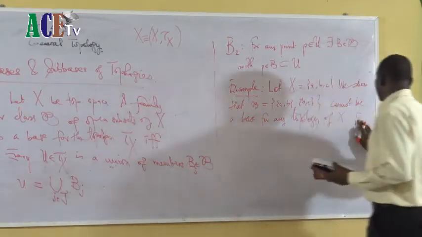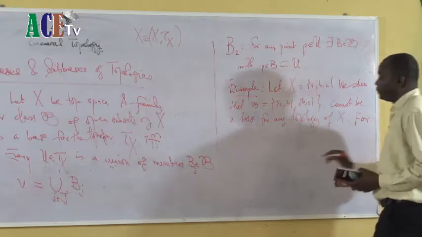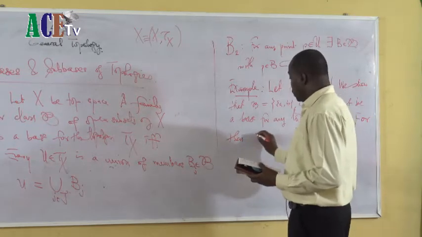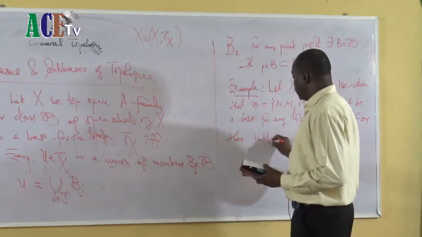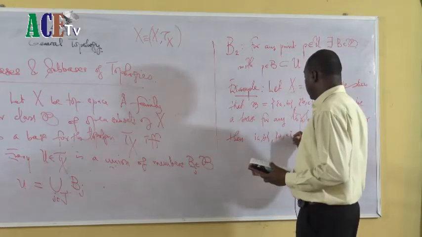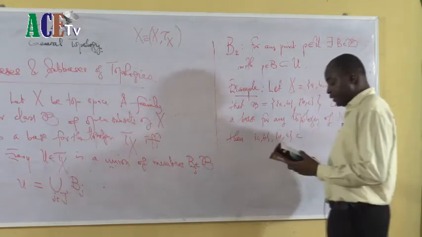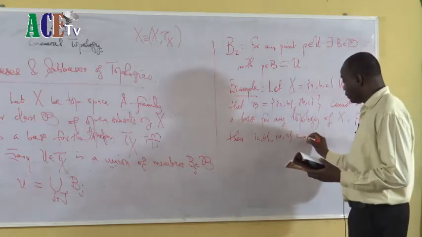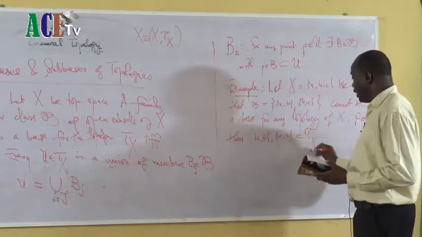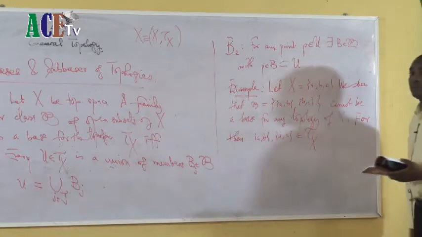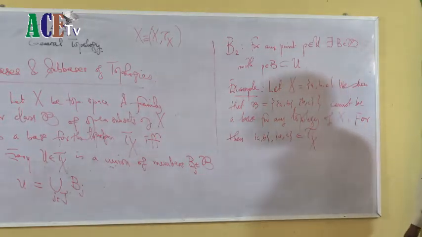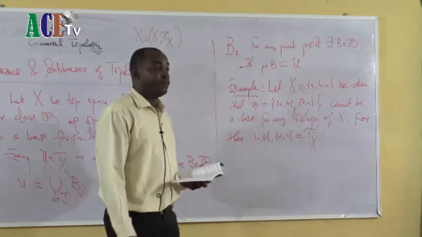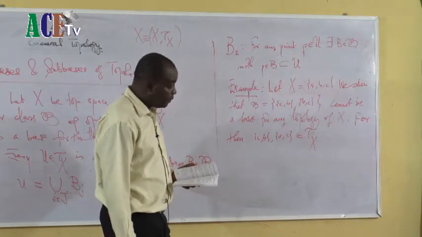Now, if curly B here must be a base, then AB and BC will certainly be elements of any topology. I'm casting a shadow, I believe you have a better view here.